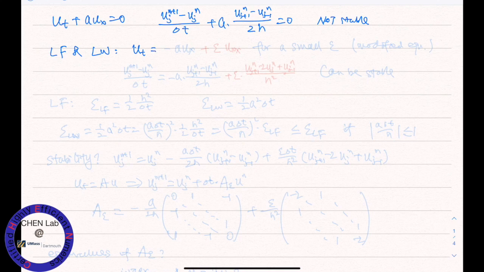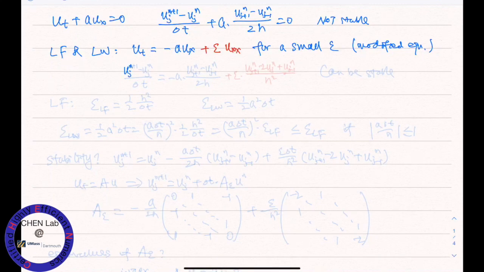We move a u_x to the right hand side, u_t is equal to negative a u_x, and we add epsilon times u_xx, for a small epsilon. This is the so-called modified equation. And we do what we did above.